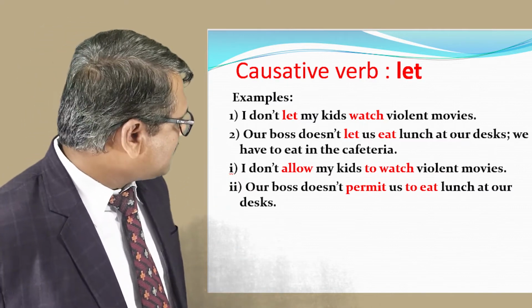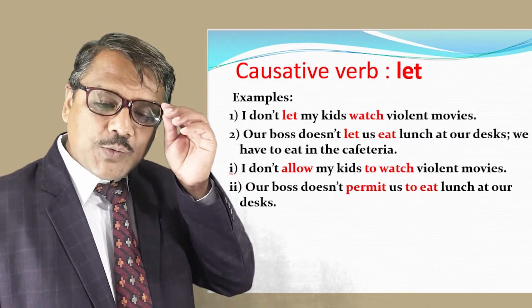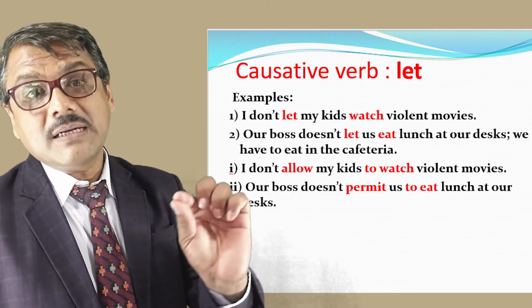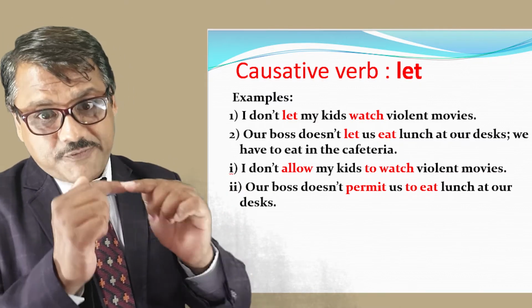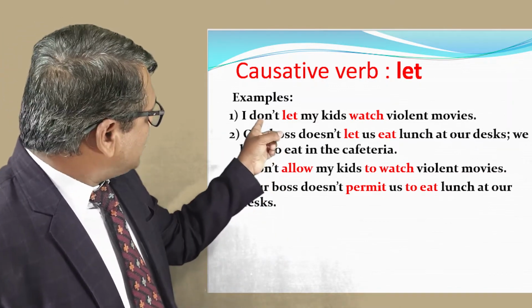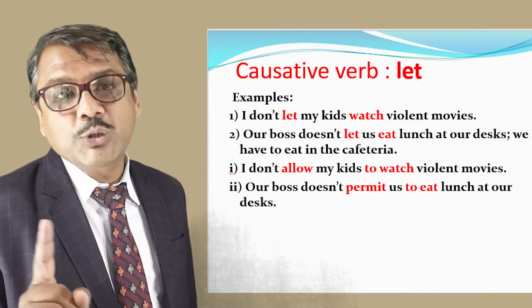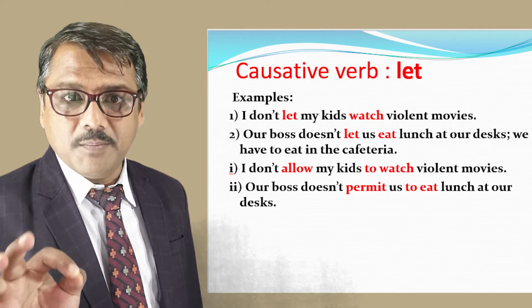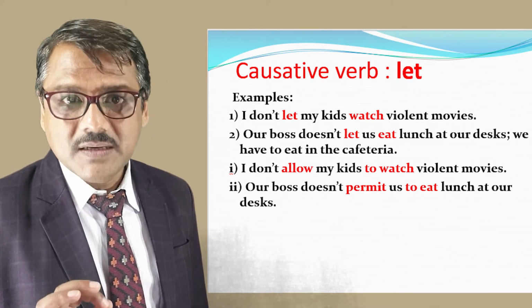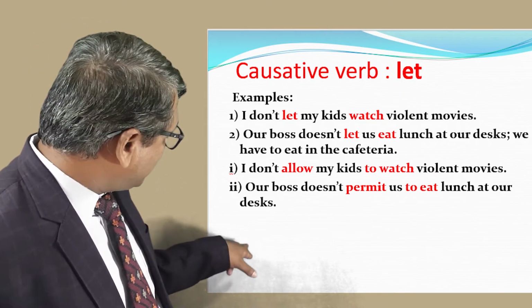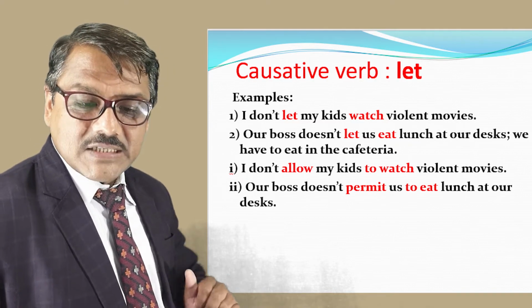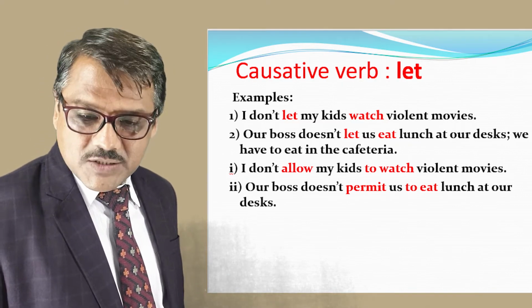I don't allow my kids to watch violent movies. But what is the structural difference? Here in point one, let and watch, there is no to. The base form watch has been used. But here, I don't allow my kids to watch violent movies.